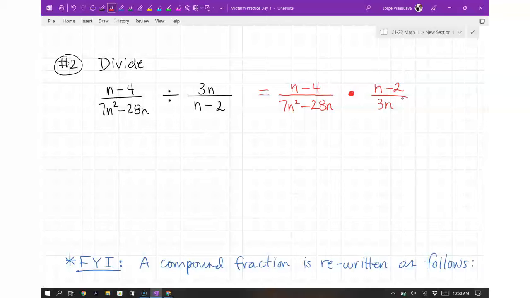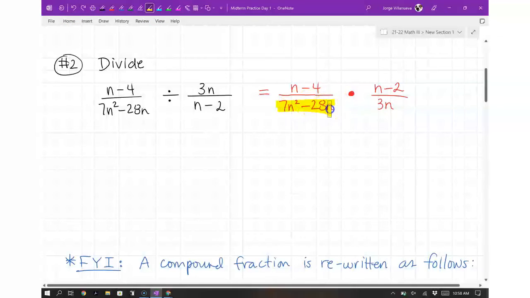Now, you're going to ask yourself, can I factor anything in these problems? So look at the n minus 4 up on top. There is nothing I can do to factor that, so I'm going to leave it alone. But 7n squared minus 28n, I can factor stuff out of that. So let me write this out. N minus 4 over, what can I factor out of 7n squared minus 28n?